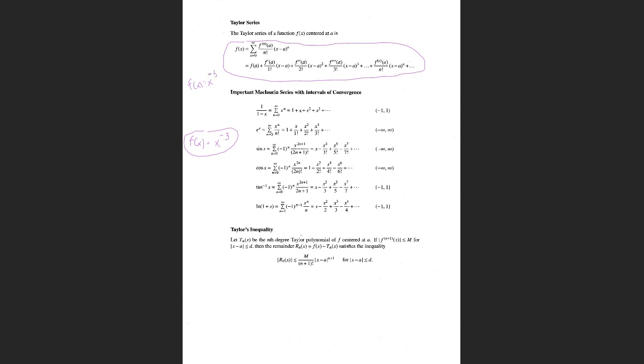None of these Maclaurin series is going to help me with that one. For that, I have to actually derive the Maclaurin series. Of course, for a Maclaurin series a equals 0, right? But I'd have to basically find terms of the Maclaurin series, figure out the pattern, and get my series that way, like I showed in the last class.